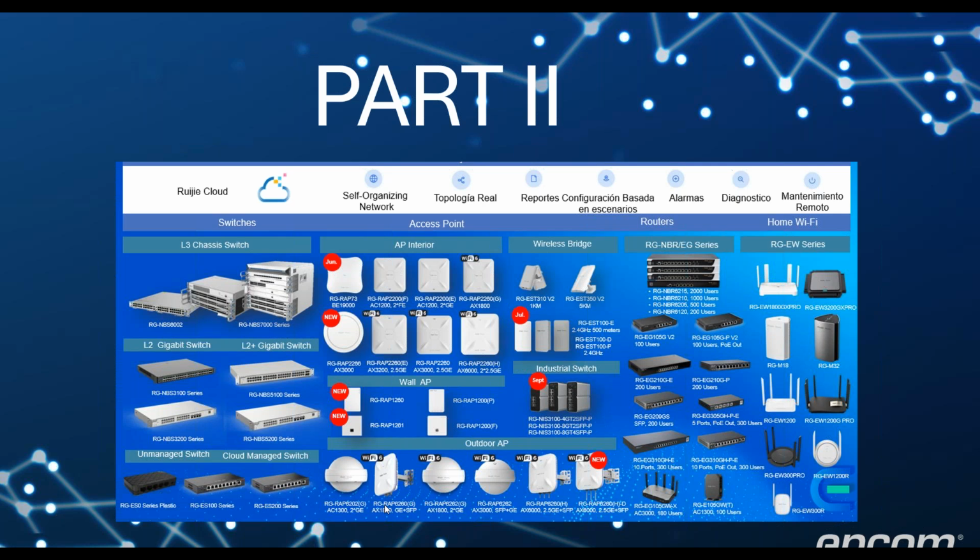Some of them even come with SFP ports, so you can connect further access points up to 20 kilometers. You just need to figure out how you're going to power over there, but you can run a fiber optic cable up to 20 kilometers, and you can manage the access point in the same project. So this is pretty convenient for, let's say, malls, maybe offshore lines, mines, harbors, etc.